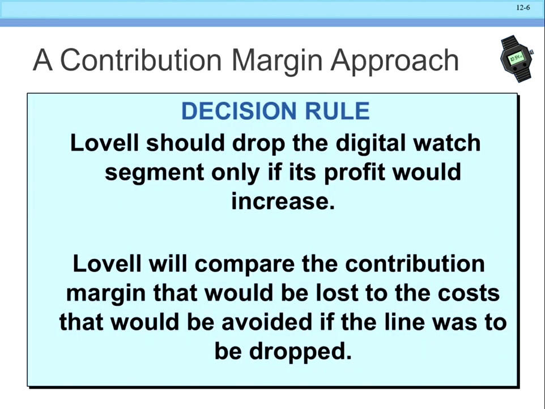The decision rule is this: the company should drop this segment only if its profit is going to increase. As long as the profit increases, the decision is correct. So we want to compare the contribution margin that would be lost to the cost that will be saved or avoided if the product line is dropped.